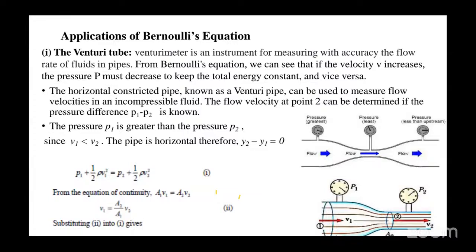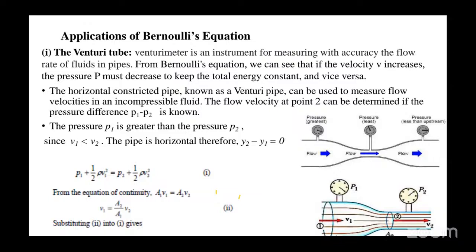So let's look at it. If you look at the diagram, you see that the pressure at point 1 is greater than the pressure at point 2. Now, according to Bernoulli's relationship between pressure and speed, they are inversely related: when pressure increases, the speed will decrease.